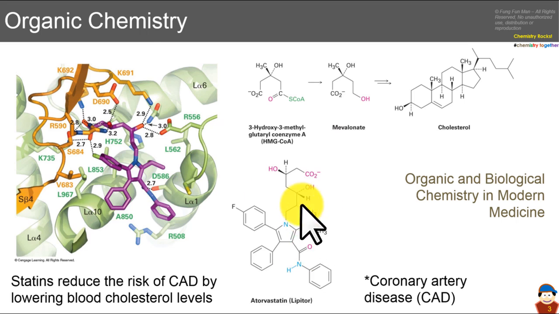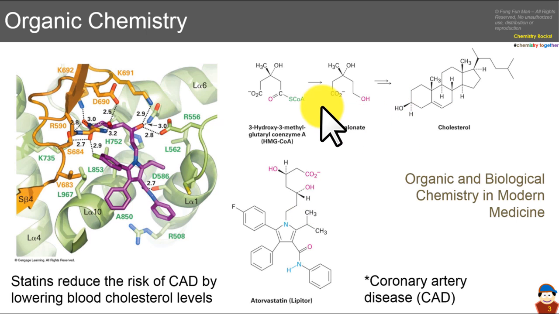We apply a drug, atorvastatin, or the drug name is called Lipitor, and these inactivate the enzymes that catalyze this mevalonate conversion. So the question is, how does this atorvastatin control cholesterol biosynthesis?